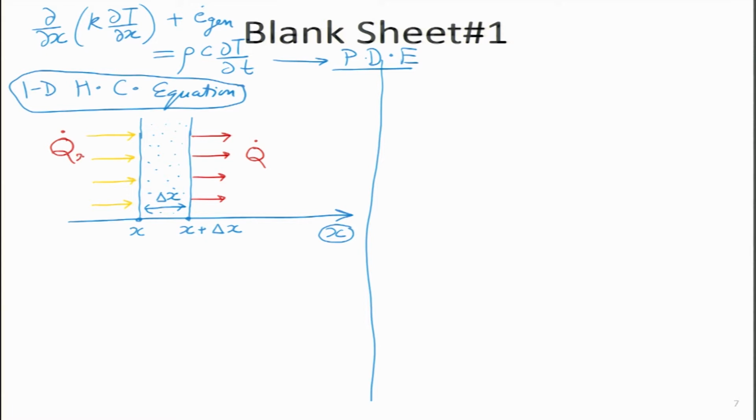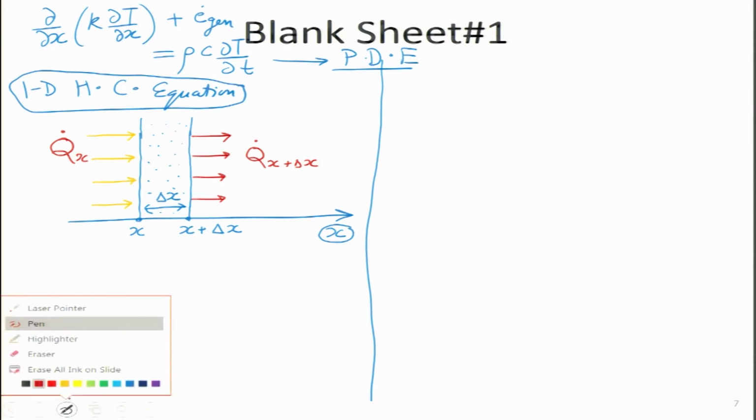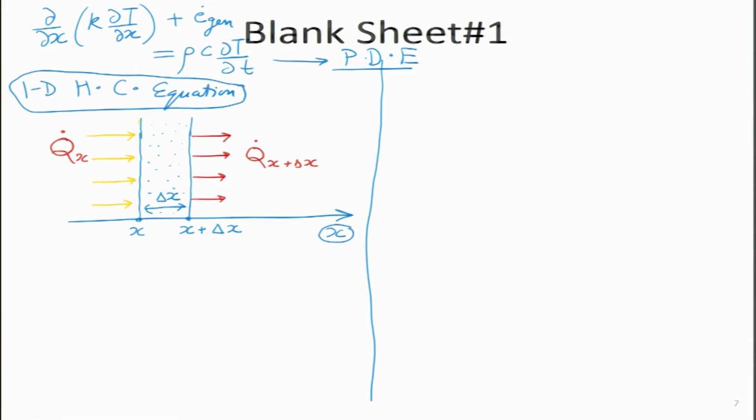On the left hand side, I will call it Qx, and on the right hand side, I will call it Qx plus delta x. And the reason for using this particular notation is that on the left hand side shown over here, we are focusing on this orange boundary, and on the right hand side we are focusing on this reddish boundary over here.